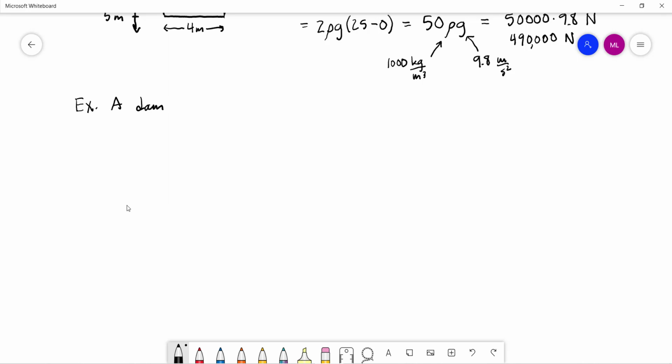In this case we'll do one with feet. So a dam is, and we're just going to have uglier constants, 100 feet tall with a width of maybe 90 feet at the top. And maybe by the time you get down to the bottom, it's down to only 70 feet.